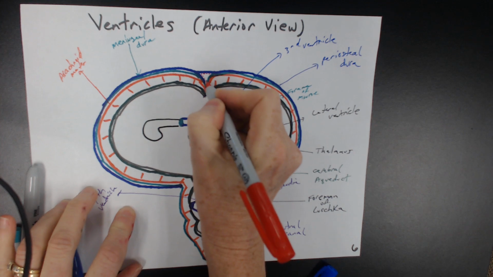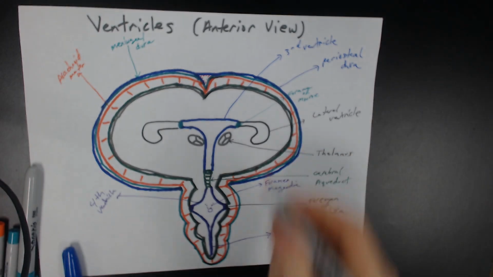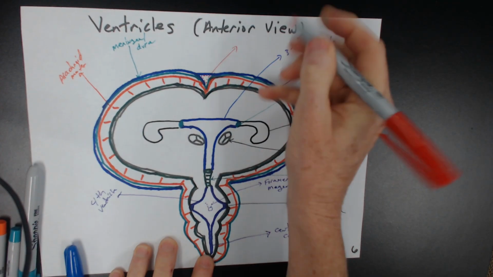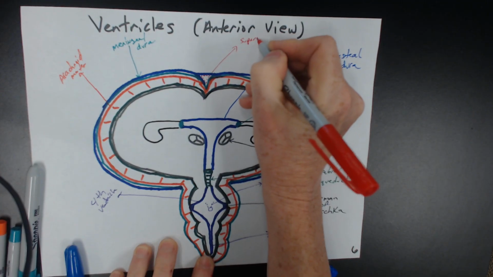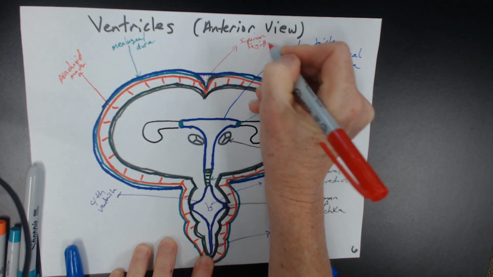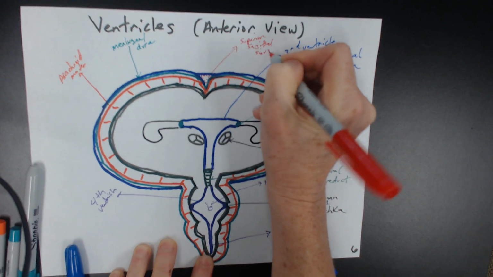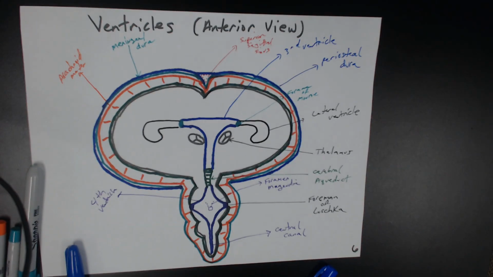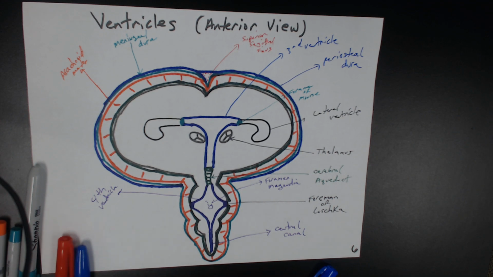We talked about that previously, so I'll label that. That's your superior sagittal sinus up top. Nothing new. We saw it up close. We talked about it a bunch. Hopefully you're good with that.